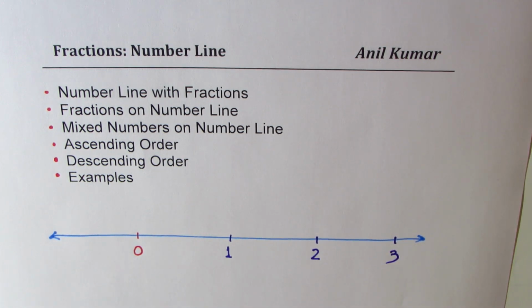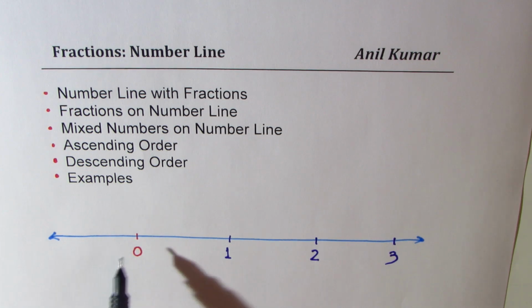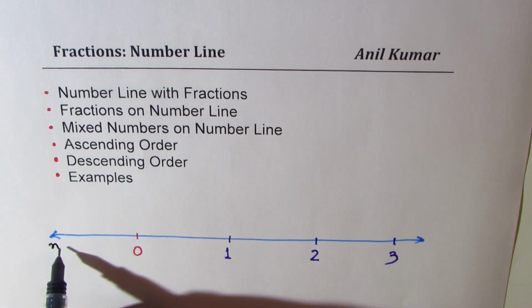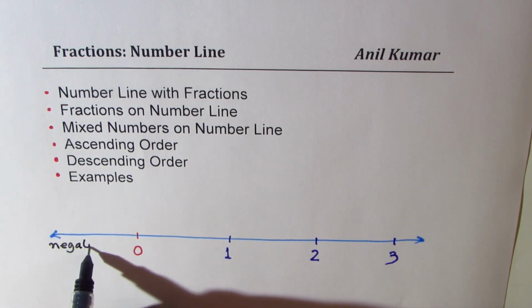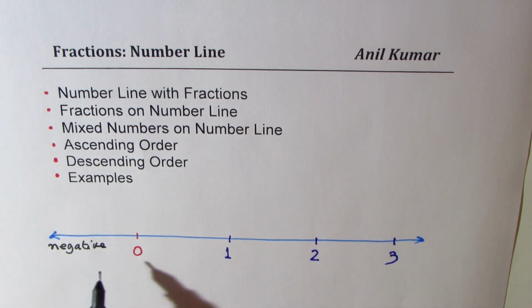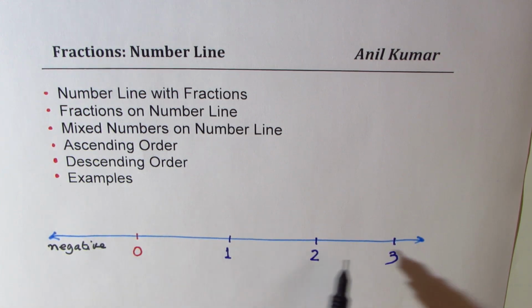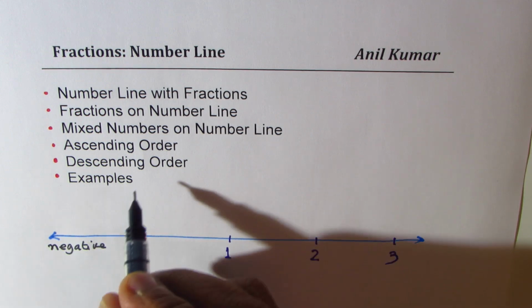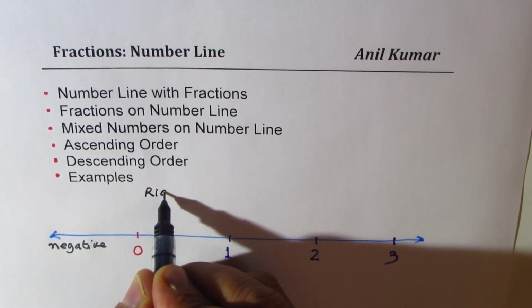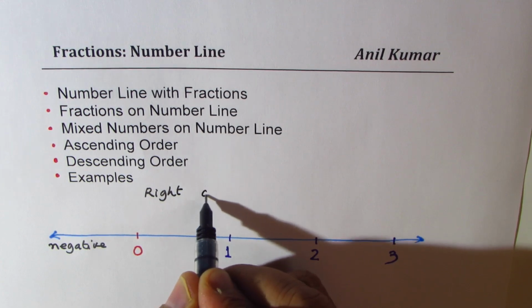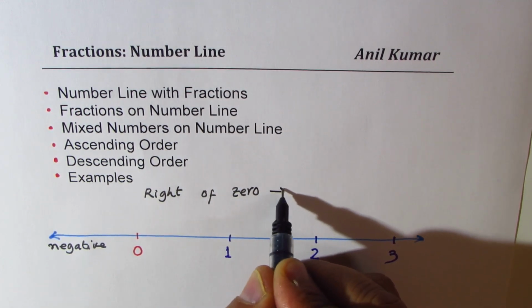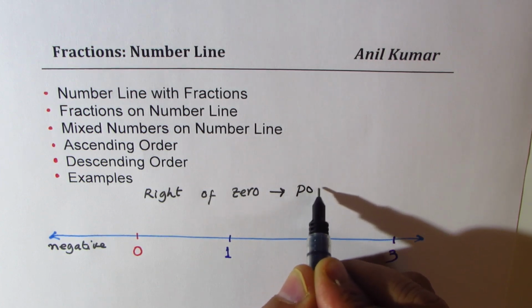What you notice is that on a number line, which actually extends from left to right, on the left side we sometimes put negative numbers. Since now we are only considering positive numbers, they are on the right of 0. So right side of 0 gives us positive numbers.